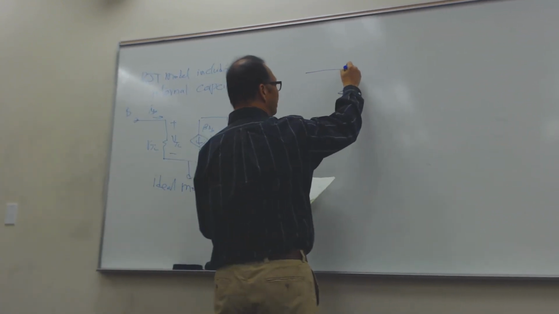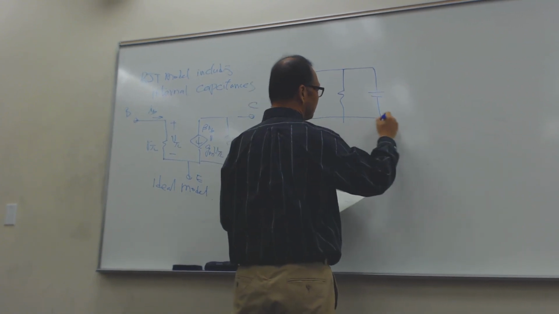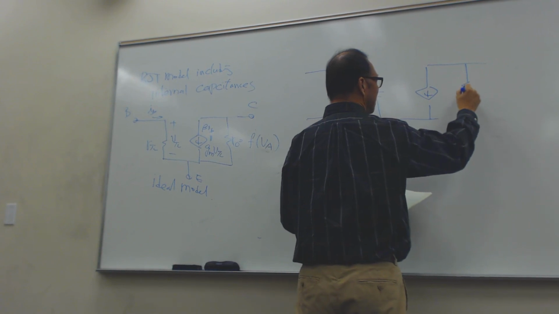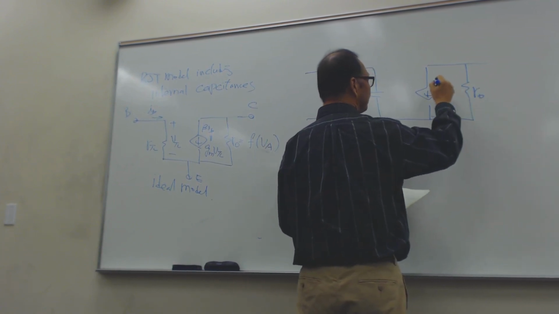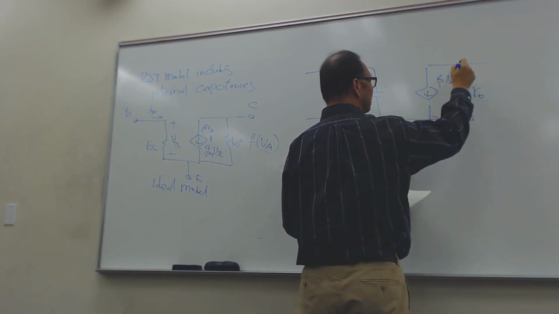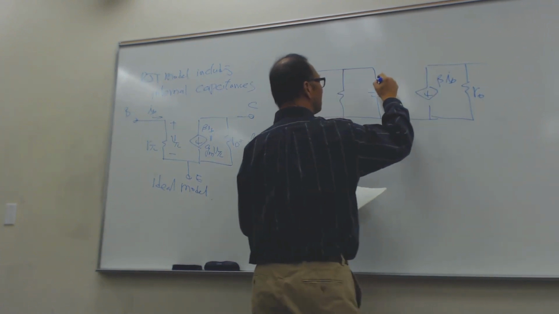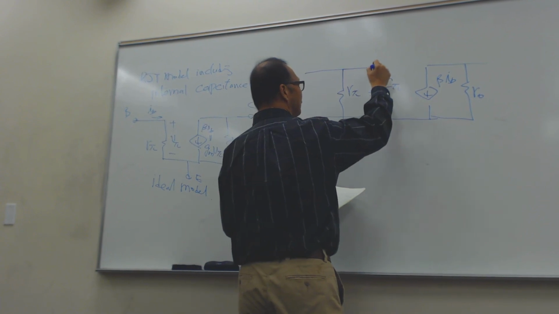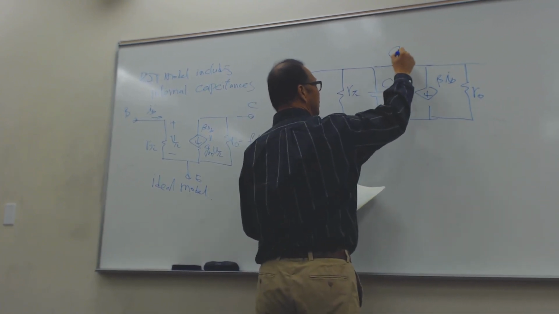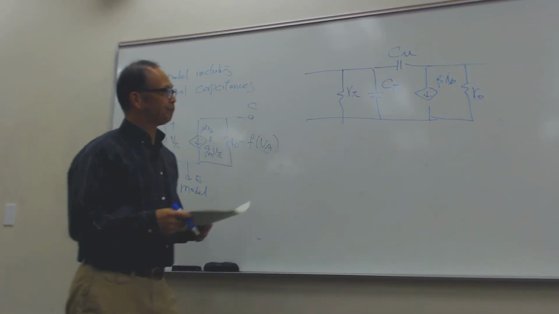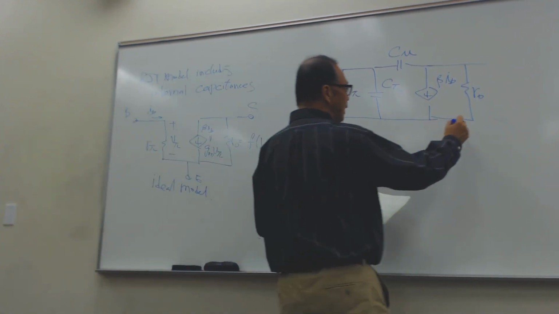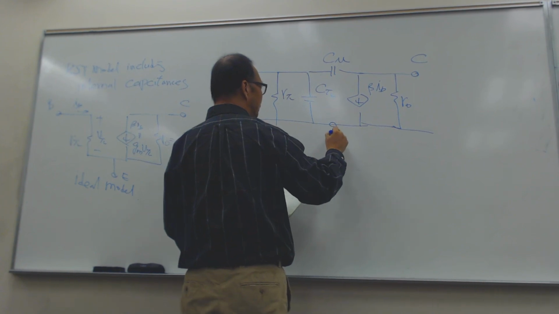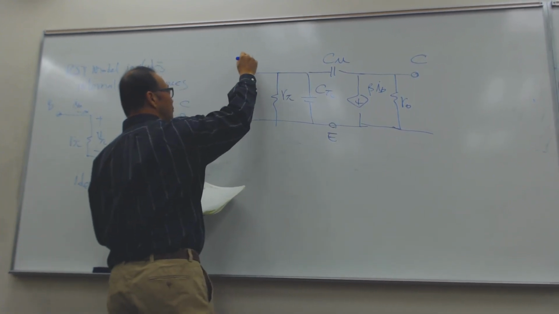So in the real case, C sub pi, R sub pi, C sub mu. Now you can see it has two capacitors, right? Collector, emitter, base.